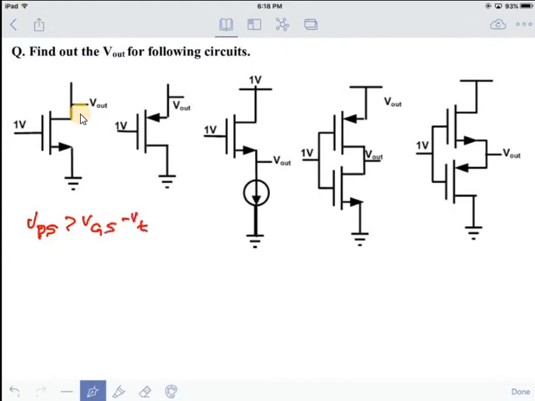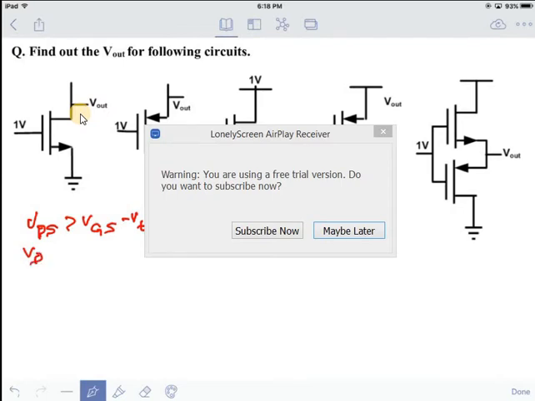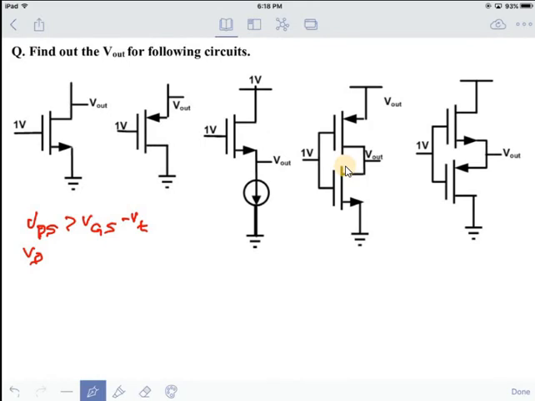Or I can write VD should be greater than VG minus VT. Now VG is given as 1 volt and VT we can consider either 0.4 or 0.5 approximately.